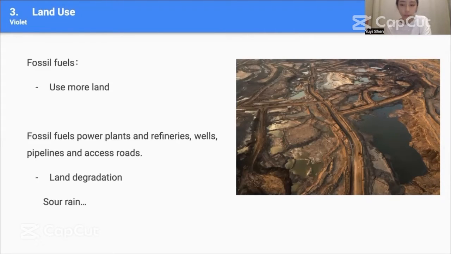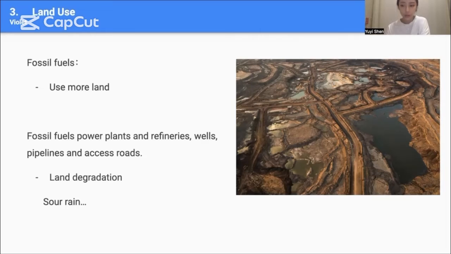Fossil fuel needs to be obtained through coal mining, and more land is needed for fossil fuel power plants and refineries. The fossil fuel industry leases land for infrastructure such as wells, pipelines, and access roads, as well as facilities for processing, waste storage, and waste disposal.